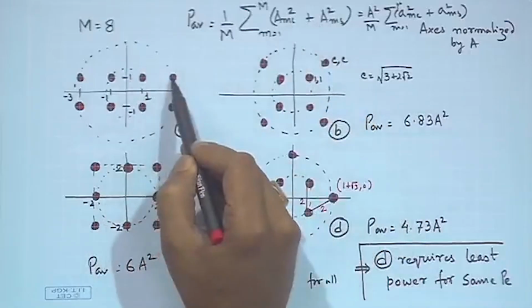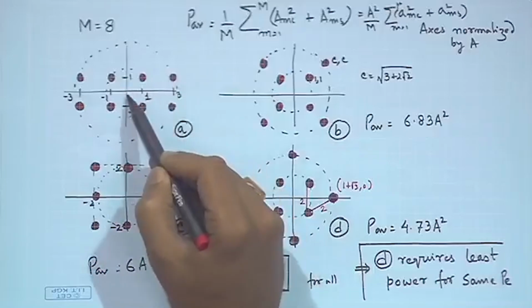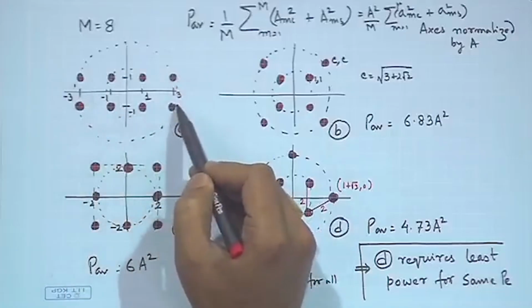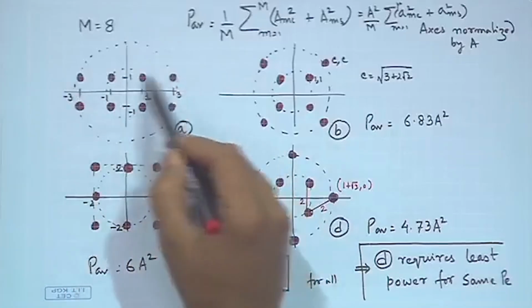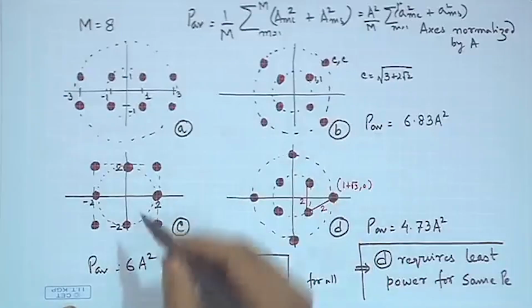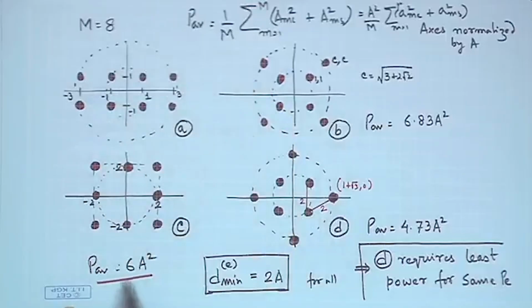Then I will go to m equals 2, calculate the power, which is the norm squared of this vector, then the norm squared of this vector, and so on and so forth. The sum of the power of all, divided by the total number, is going to give me the average power, right. That way I can calculate the average power of all these, and what we have noted down here is that the average power of these two constellations is 6a squared.